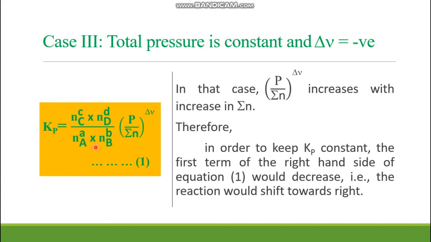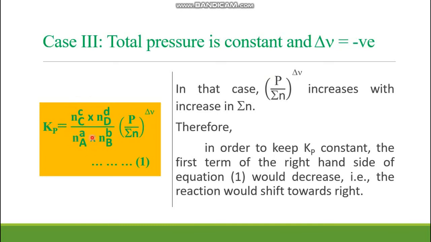Now case 3. At constant pressure, if delta nu is negative, then with increase in the value of summation n, this value would definitely increase, isn't it? Because this is a negative power now. If it has a negative power and the denominator increases, then the overall value would increase. If this one increases, then in order to keep Kp constant, this one would have to decrease.